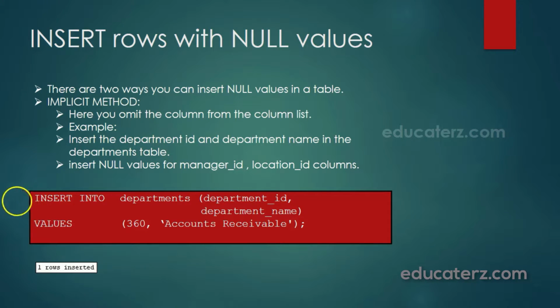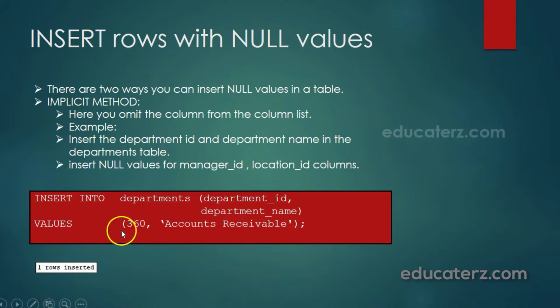This is an example. You see this? Here I am using an insert statement: insert into departments table, with two columns listed in the column list, department ID and department name. I did not write the manager ID column or the location ID column. I just omitted them. This is the implicit method.